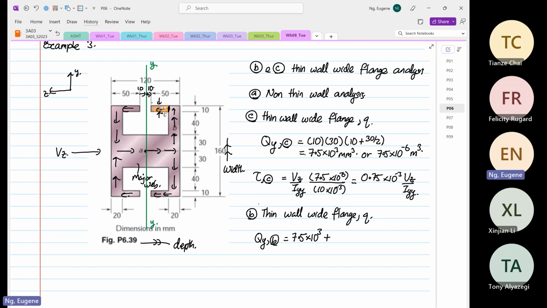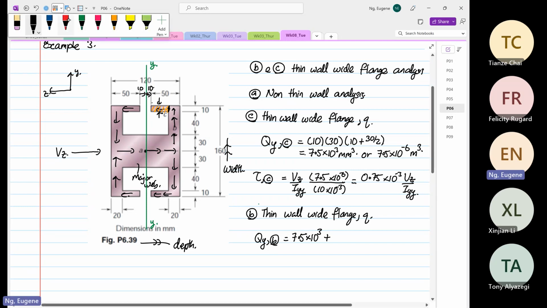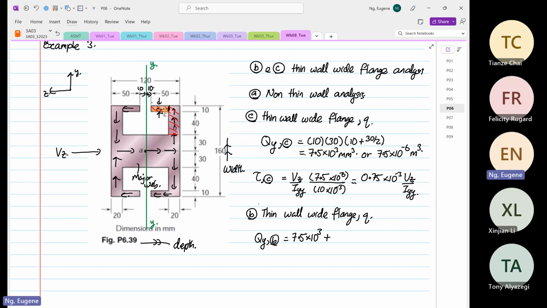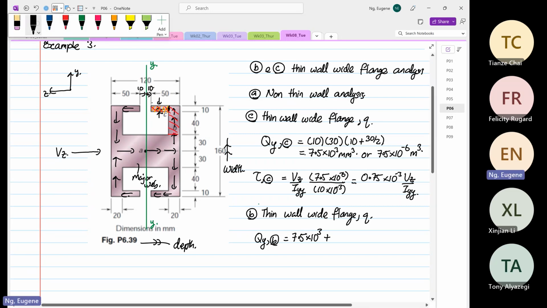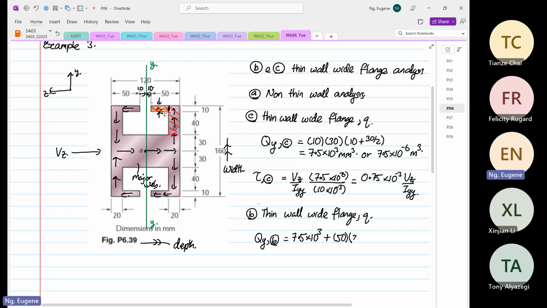So your Qy now, right? So the area that we're going to consider is this area now, right? We now have to consider this whole area, right? So that's where we have the 7.5. And then the later part, the width is 50. The depth is 20, right? So 50, the width, the depth is 20.